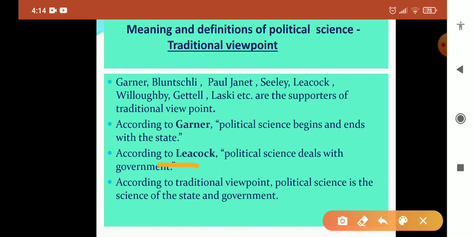Leacock says political science deals with government. So according to the traditional viewpoint, political science is the science of state and government.